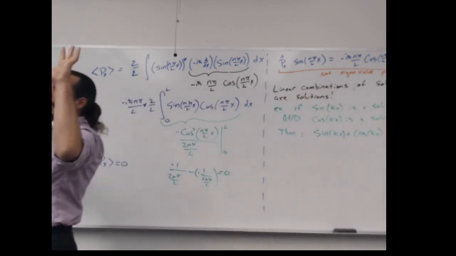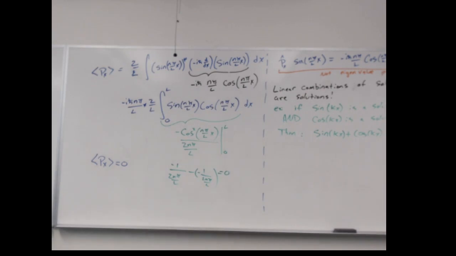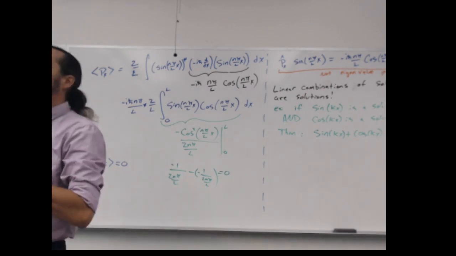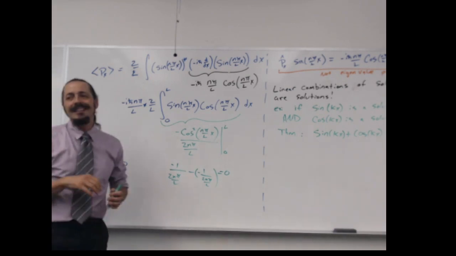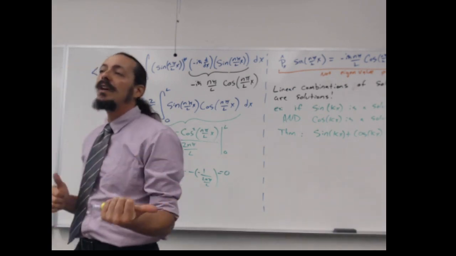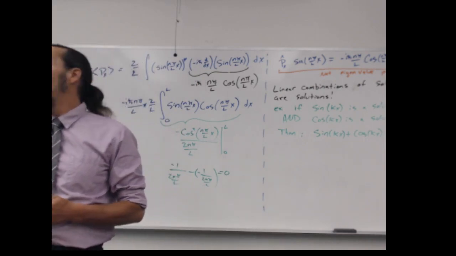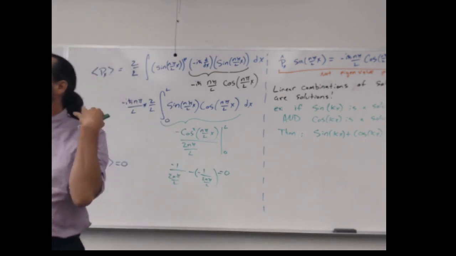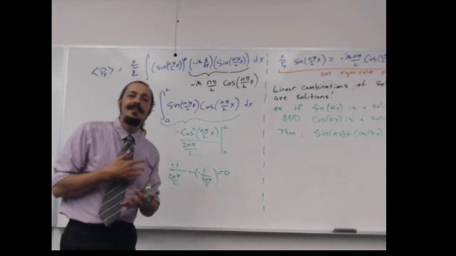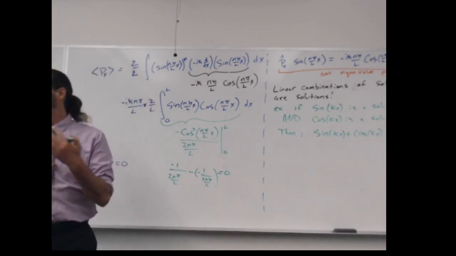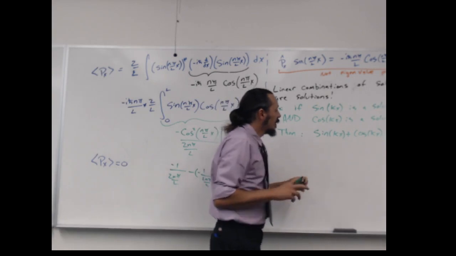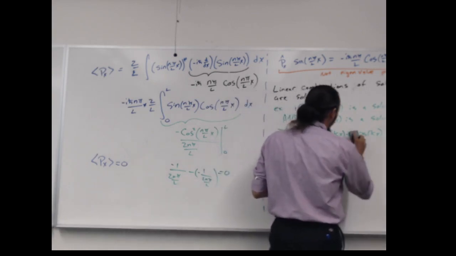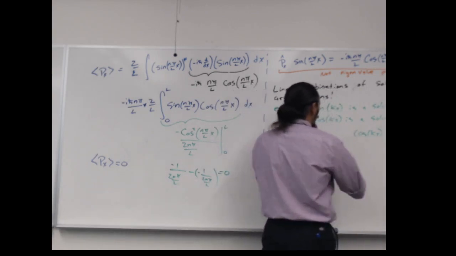If we remember when we first started this problem, particle in a box, before we normalized it, before we solved everything, we said sine functions would work, cosine functions would work, exponentials e to the i kx would work. So we can add those things together in different proportions and make different answers.